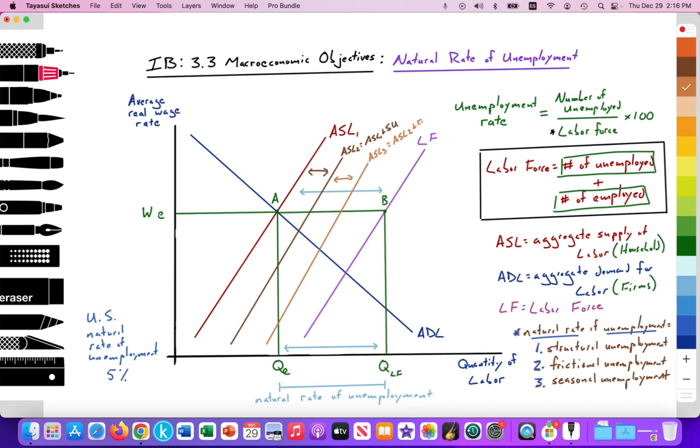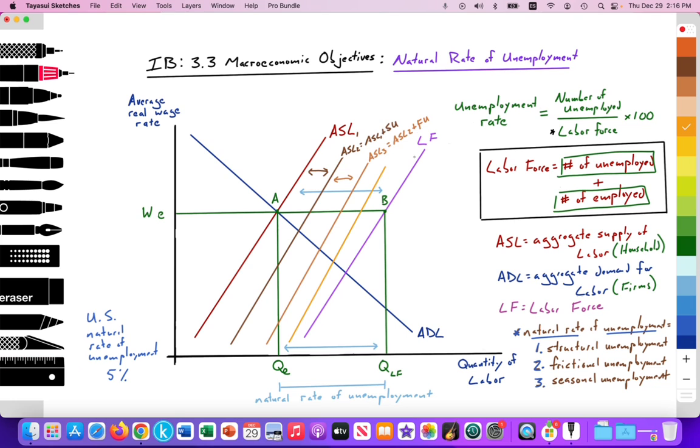So I'll call it F. That's not a good abbreviation, but anyway. All right, so there we have the sum of our employed labor force plus our structurally unemployed labor force plus our frictionally unemployed labor force. And then finally, we can illustrate the seasonally unemployed over here.